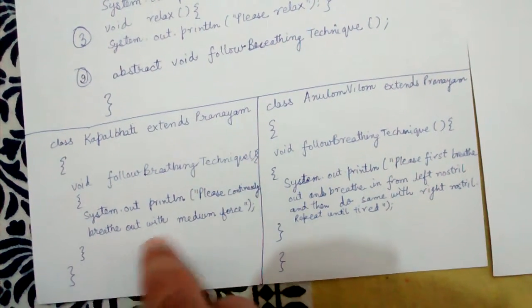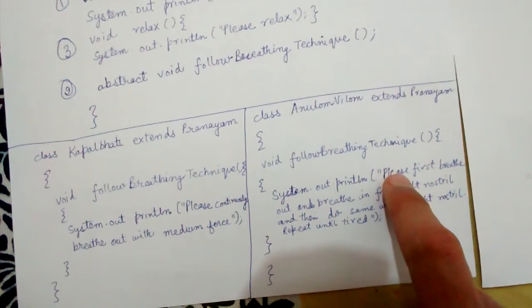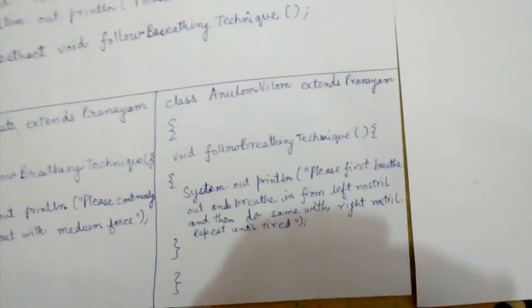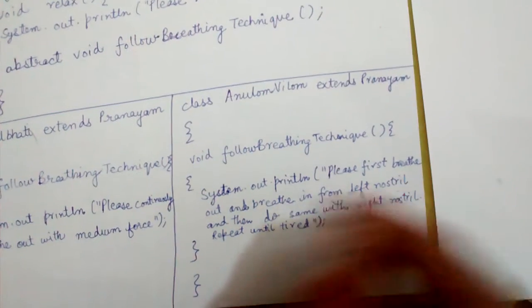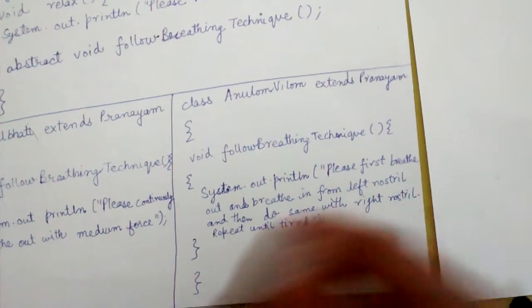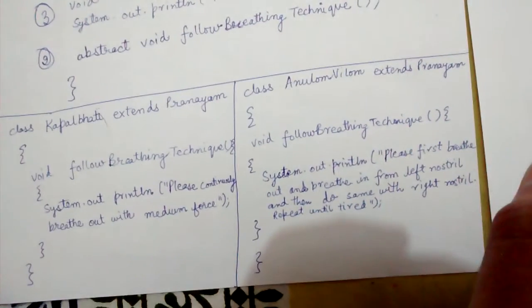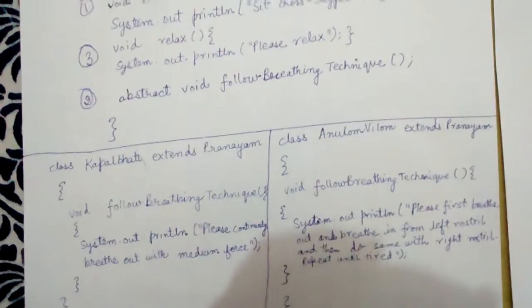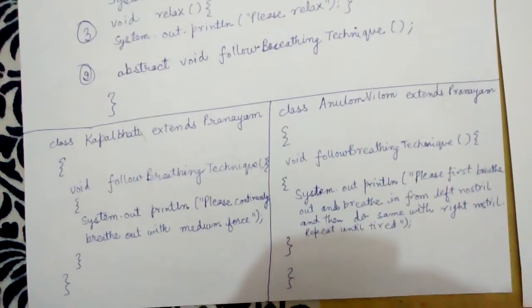Please continuously breathe out with medium force. Only the name has changed, and that too to provide a common template for the do pranayam method. And this is please first breathe out and breathe in from left nostril and then do the same with the right nostril. Repeat until tired. So this is how we have provided a common template for this do pranayam method.